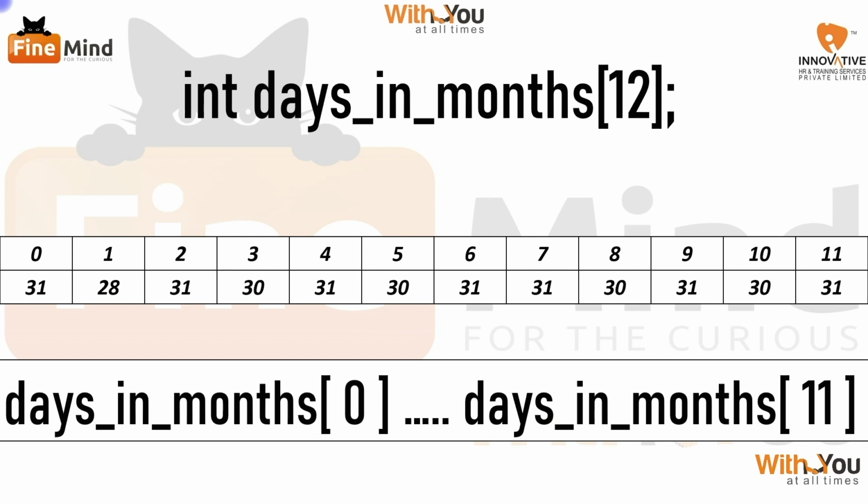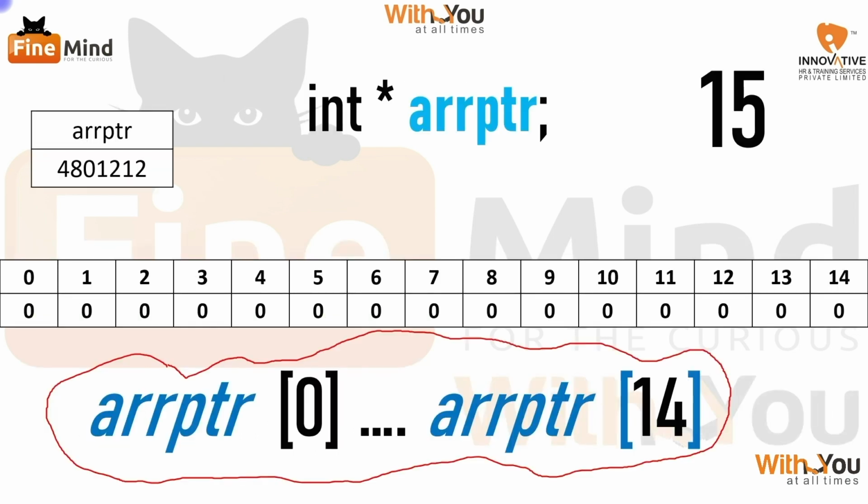So what is that one sweet little difference? In an array, you don't have a space, like days in months, to hold the address. But here we have one specific identifier called ARRPTR, and 4801212. What does this have? This has data about data. We can call it metadata.